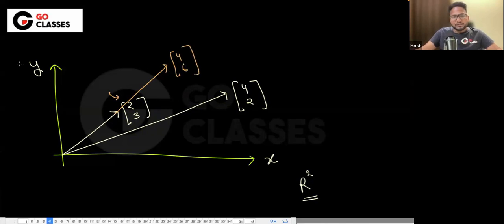Now similarly you can do any set of operations between these two vectors also, which means if you want, you can add these two vectors. This is the initial set of vectors that we have, and you can add them, or multiply by some scalar, or there are a lot of operations that you can do.